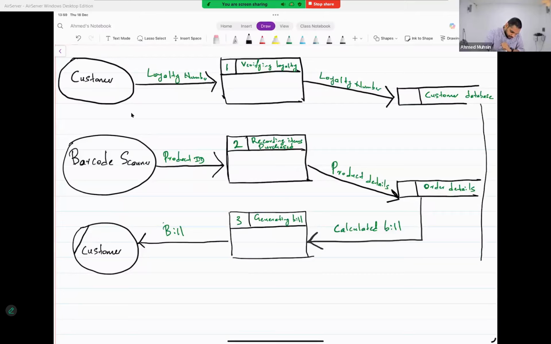It's not wrong, but your diagram is not clear to understand. Loyalty points. You will calculate the bill, you will also mention the loyalty points, and then the customer is given the bill. Everybody okay with this?